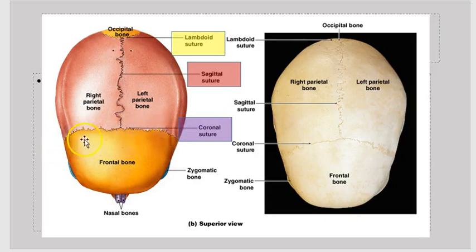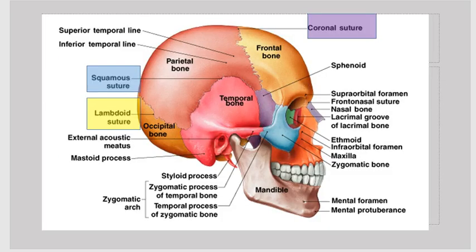Here you can see the frontal suture, or the coronal suture, separating the frontal bone from the parietal bones. Looking from the side, again, coronal, the squamosal is right here, and then the lambdoidal back there. So those are the sutures of the skull.